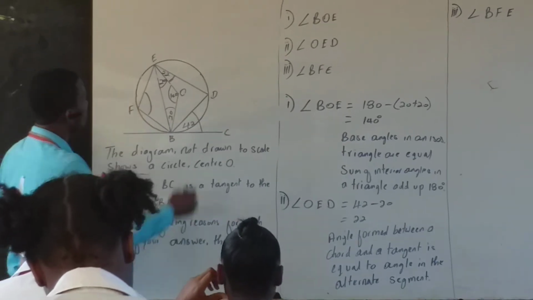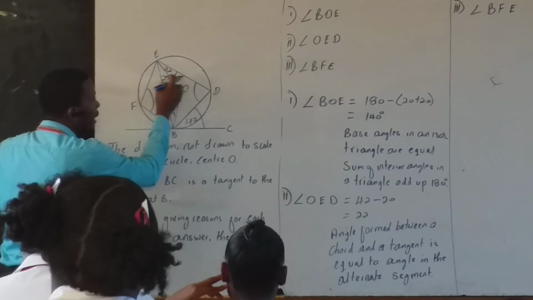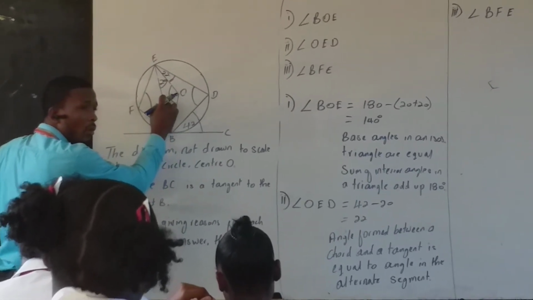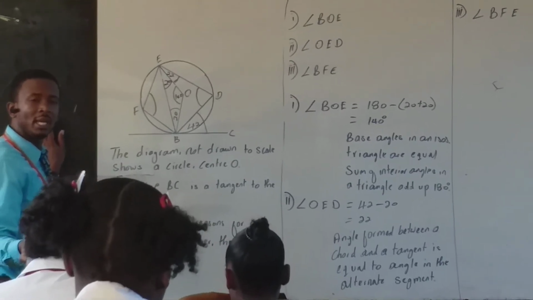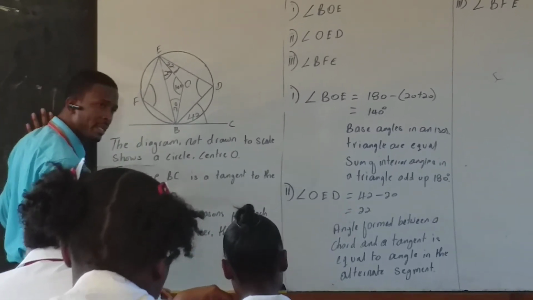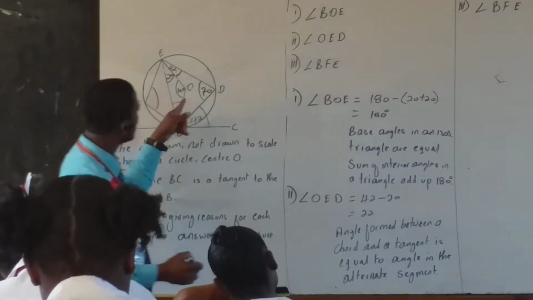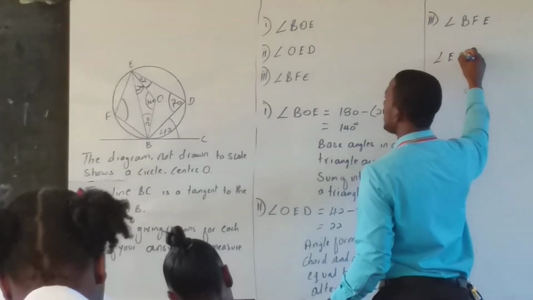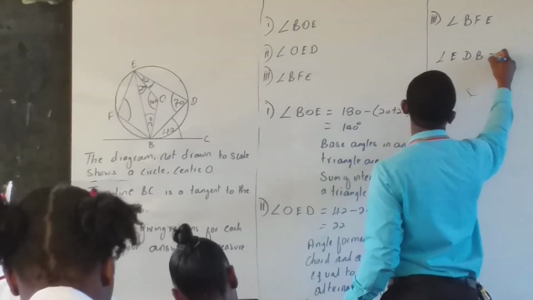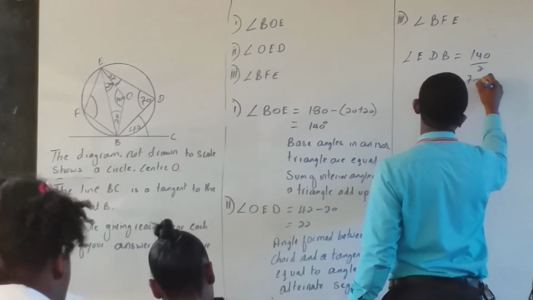However, can't we find this angle right here? Isn't this angle now in the same segment as the one at O? Yes. So this angle would then be half of 140, which is 70. So angle EDF equals 140 divided by 2, which is 70.